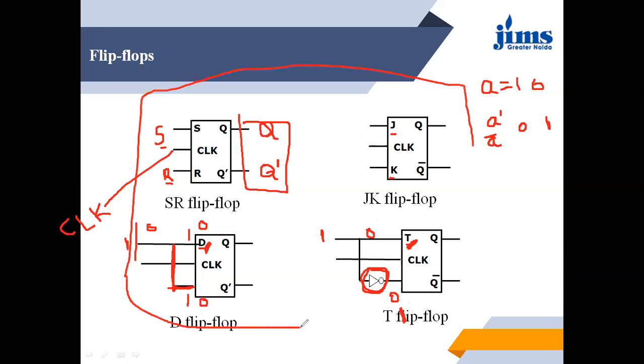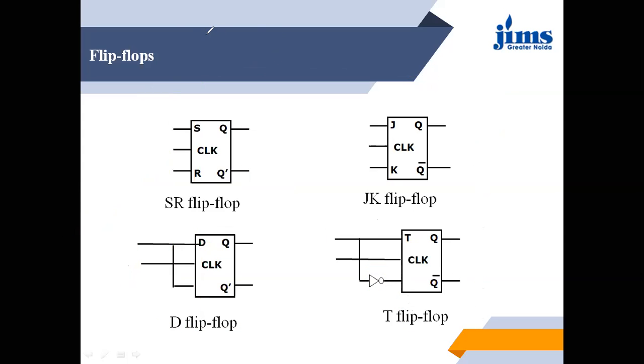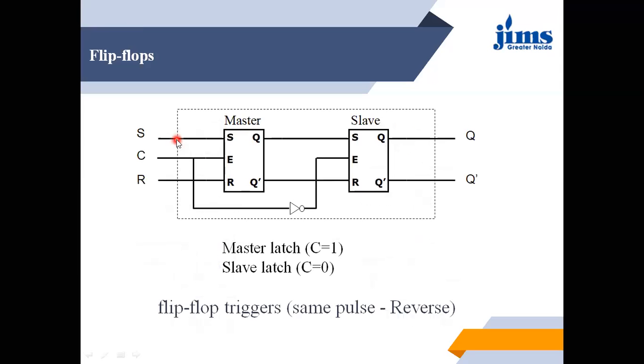Now the next is the master slave flip-flop. We will see only the concept of master slave flip-flops, not in detail. So there are two flip-flops we have to use.